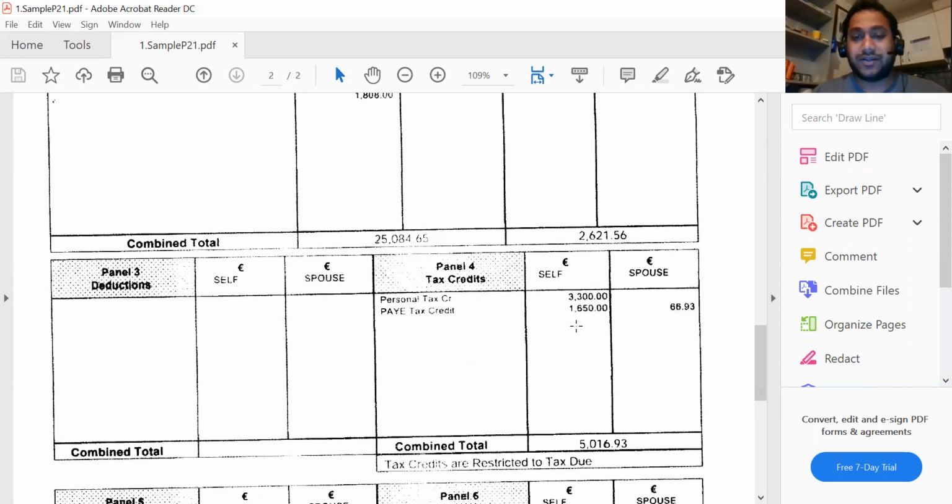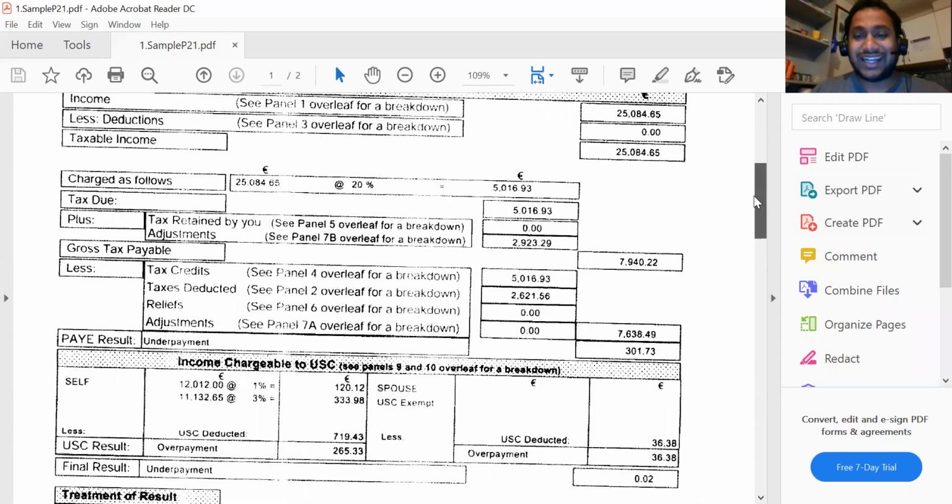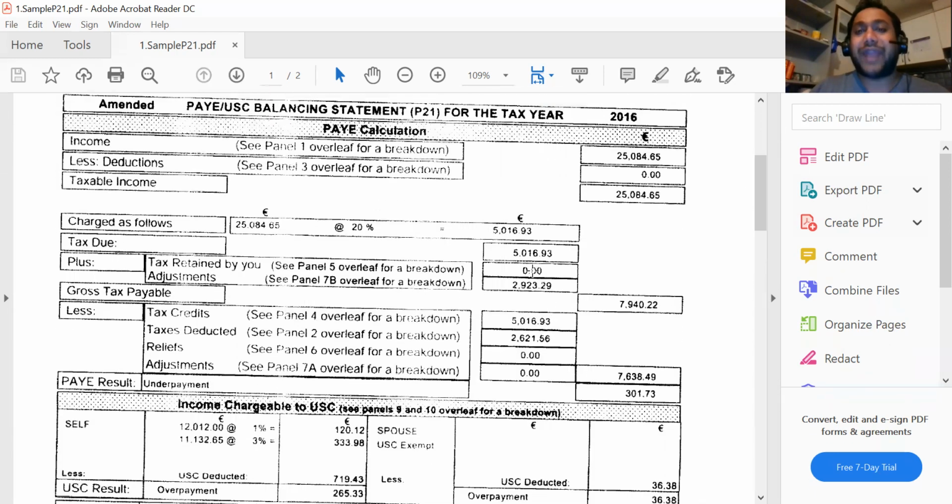And there's a paid tax credit of 650.003. I think the spouse got a paid tax credit of 66.93. Sometimes if there are any flat expenses, the other partner gets a tax credit on that. So that's included there. The combined tax credit is 5016.93. That needs to be subtracted from the tax owed to Revenue.